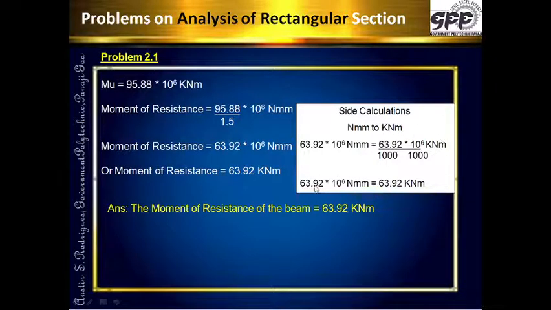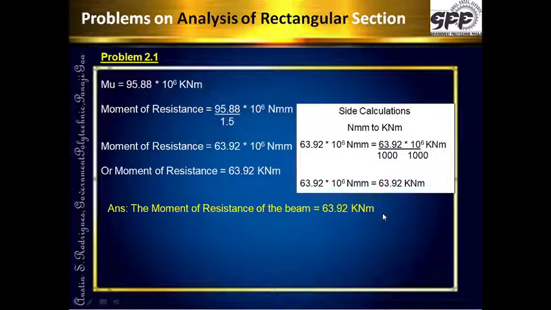So finally 63.92 into 10 raised to 6 Newton mm becomes equal to 63.92 kilonewton meter. So the moment of resistance of the section in terms of kilonewton meter is 63.92. So the final answer is the moment of resistance of the beam is 63.92 kilonewton meter.